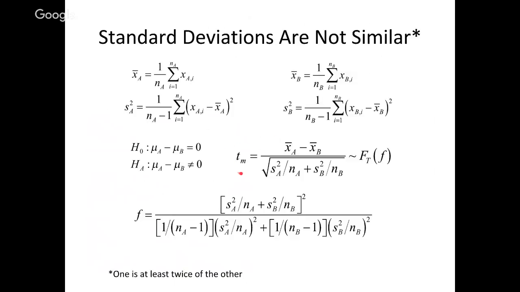In this case, you just write out the t-statistic, again, in terms of the difference between the sample means, and then the sample variance for A and B directly, which is assumed to be, again, distributed according to the student t-distribution with degrees of freedom f, which is given by this complicated formula here. So it's a little complicated, but it's just some computation because you know all of these quantities, right? You know the variance of A and the variance of B. You know the number of samples for A and B, so it's straightforward to compute this degrees of freedom.